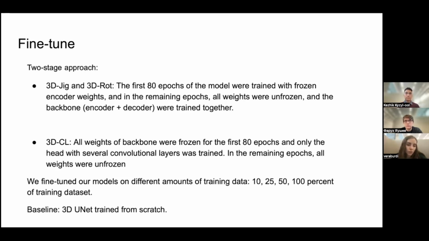In pixel-wise self-supervised learning, we loaded the weights of the 3D UNet and then added a new projection head. For the first 8 epochs only the new projection head was trained, and then we trained the whole model together. We fine-tuned our models on different amounts of training data: 10, 25, 80, and 100% of the training dataset. Our baseline for comparison was a 3D UNet trained from scratch.